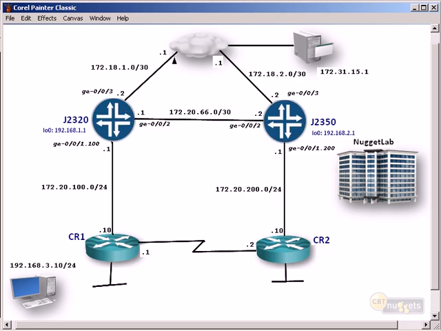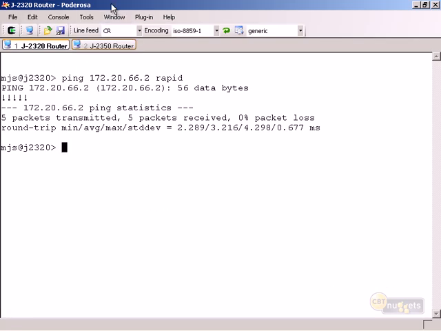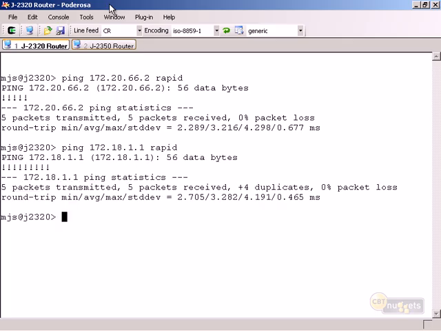Let's make sure I can ping that upstream router of the service provider, which, by the way, in this example is a Cisco 2921 Integrated Services Router Generation 2. So we'll do a ping, and it's going to be 172.18.1.1, and we'll do the rapid keyword again, and very successful.